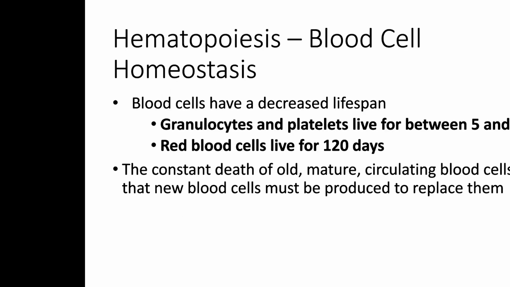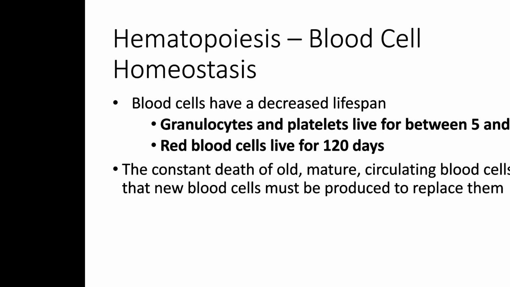So, blood cells have a decreased lifespan. Unfortunately, we haven't figured out a way to achieve immortality yet, in the same way as with our cells. Granulocytes, or our white cells, and platelets will only live for about a week. Red cells will only live for about 120 days. And this is a good thing.